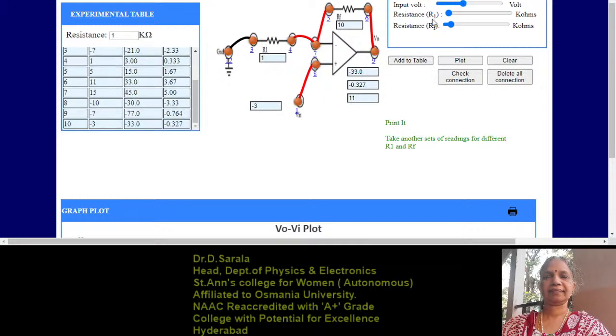Minus 3, 33, 11. So like this, you can just continue with the different gains and enter them into the tabular column.